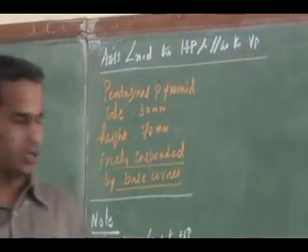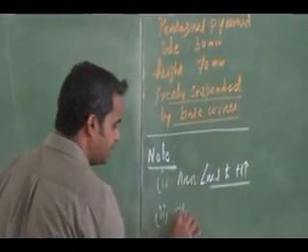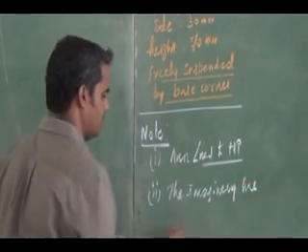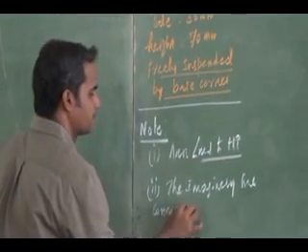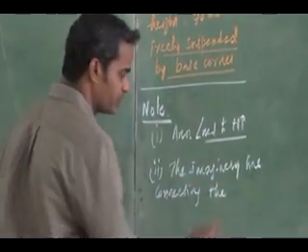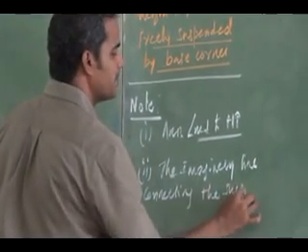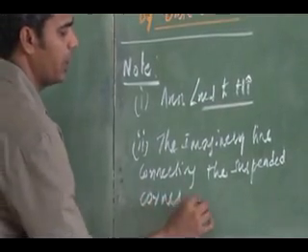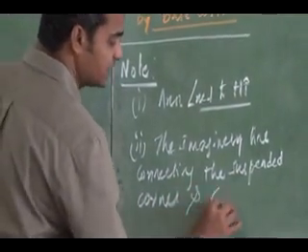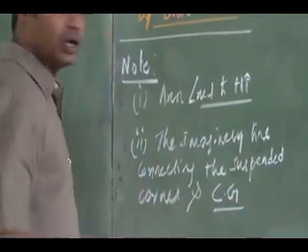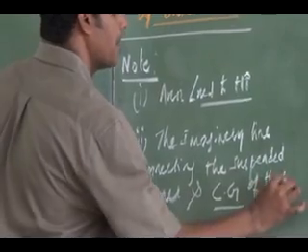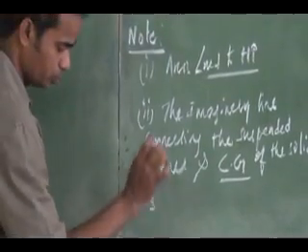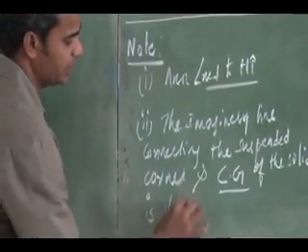The imaginary line connecting the suspended corner and the CG, center of gravity of the solid, is vertical.